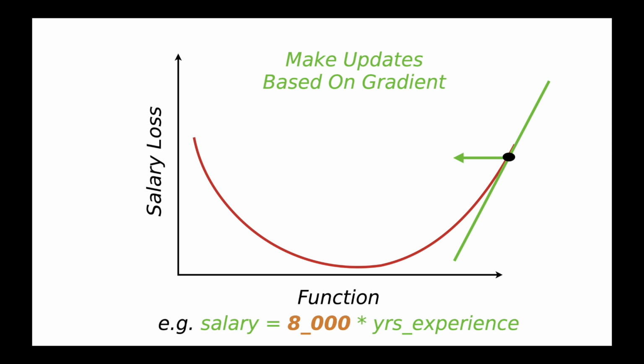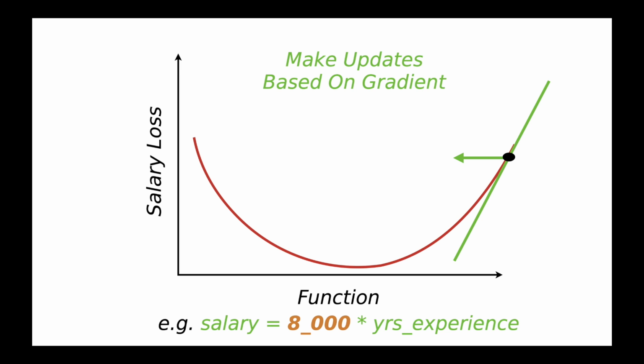So we're going to send our prediction to the left, in large steps if the slope is steep, and small steps if the slope is small. Essentially, if things are going up quickly, then we'll send them in the other direction. This process is called chasing the gradient.